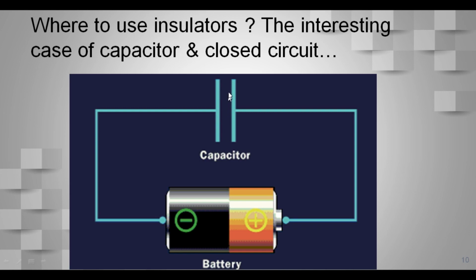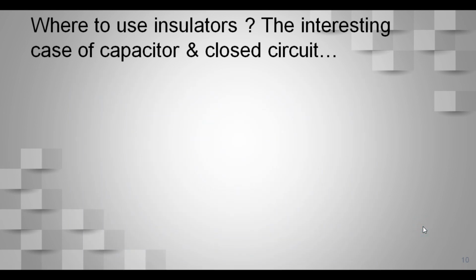So there is no connection between these two plates. So can we call it a closed circuit? Yes, still we can call it a closed circuit because it uses the transfer of flux inside the plates. That is a very important concept we are going to study in the next sessions. So this is about the insulators.